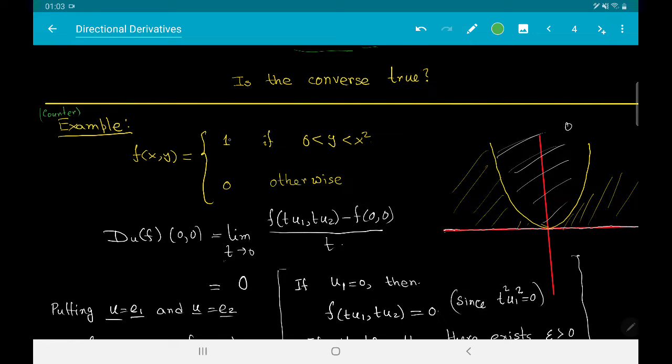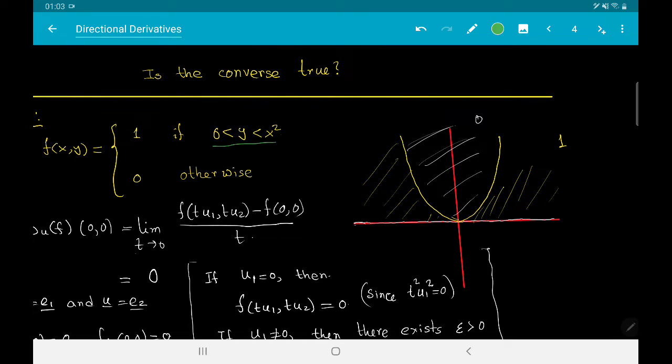So f(x, y) is equal to 1 when 0 is less than y and y is strictly less than x squared. So what is the region? This is approximately the curve which is given by y equal to x squared, and you could see that this function is first of all defined.